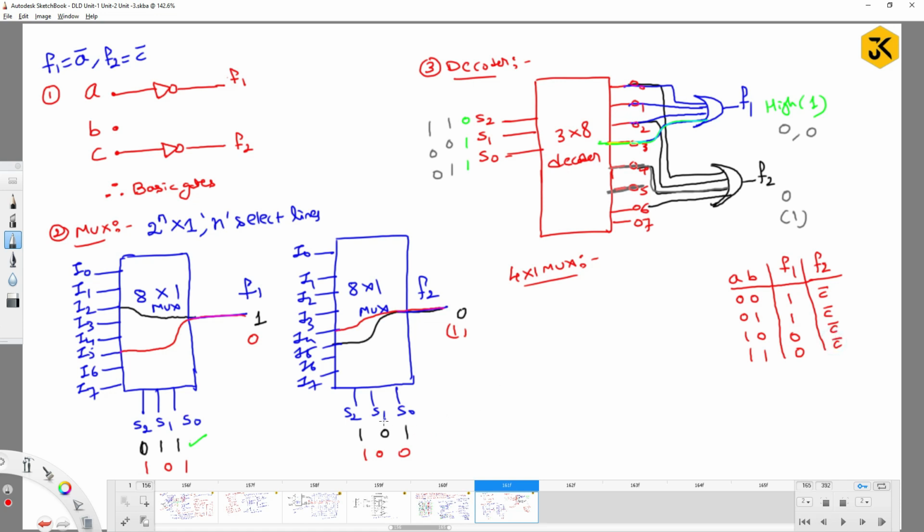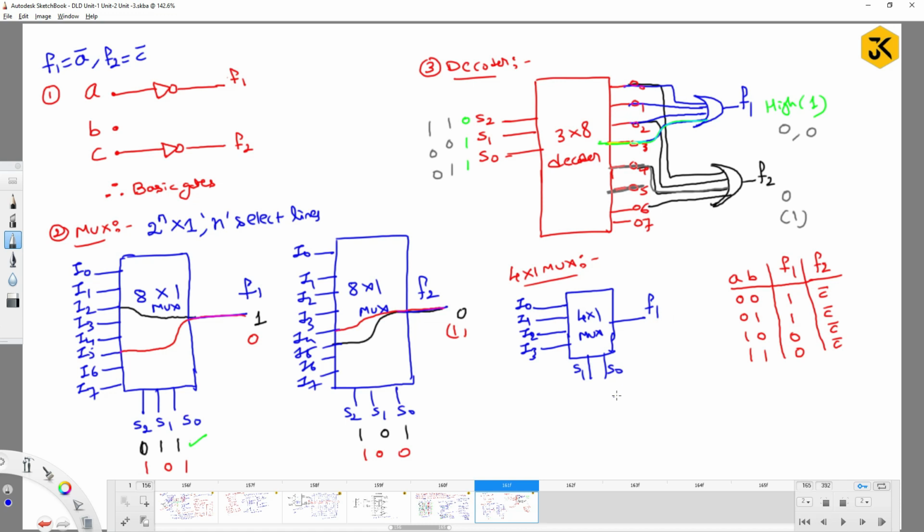Right guys, now can you construct the circuit for this? Yes. If you are going to have a 4/1 MUX, it means you are going to have 4 inputs. Assume I0, I1, I2 and I3, and select lines S1 and S0, and this is for function 1.